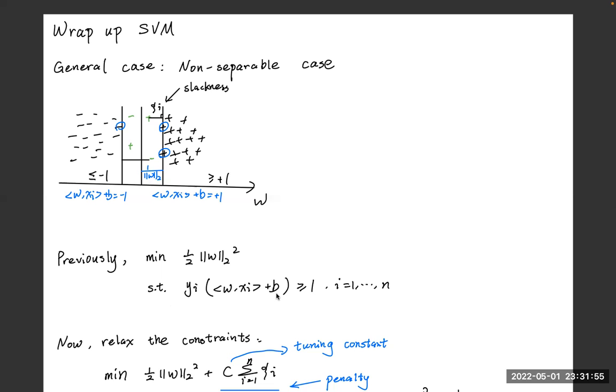But in general, the data may not be separable. For example, we may have a positive example here, so that it goes beyond the safety boundary of positive 1. And we may have a negative example here, also go beyond the safety boundary of negative 1.